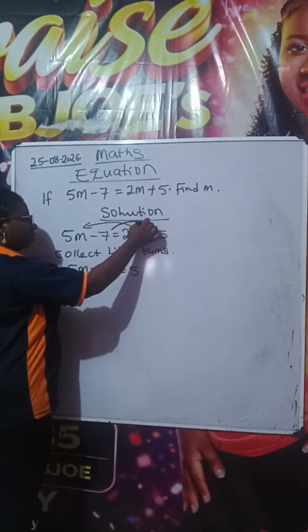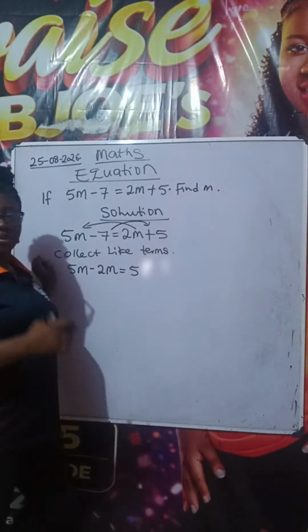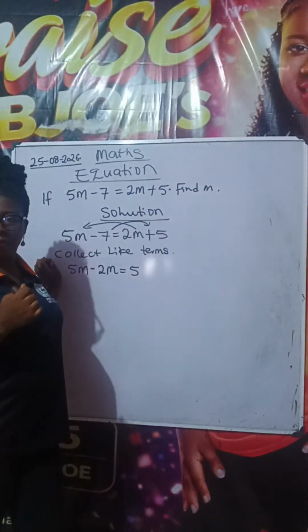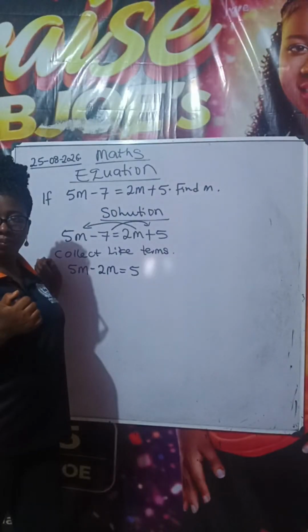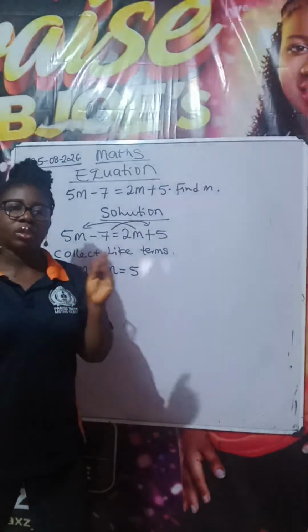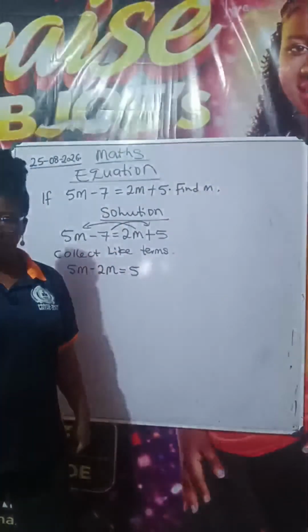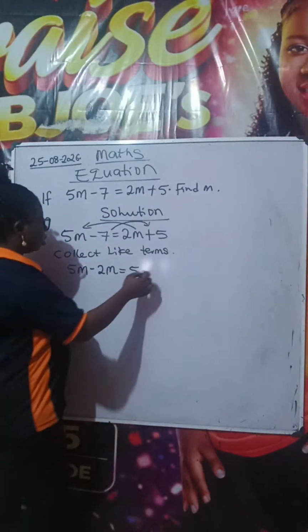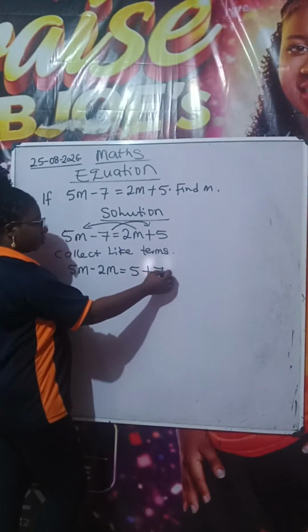Move 7 to the right. If I move minus 7 to the right, will it be plus or minus? So the sign will change to plus, correct? Very good. So we have plus 7.